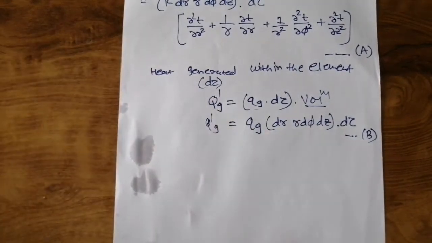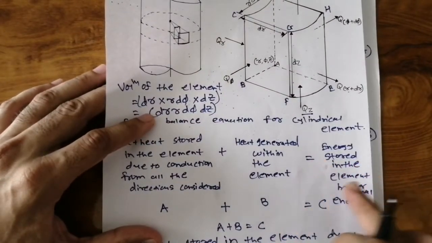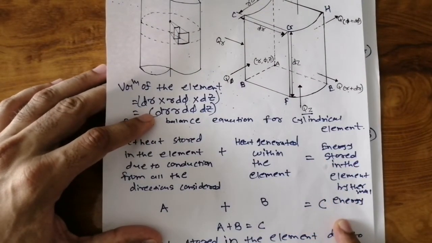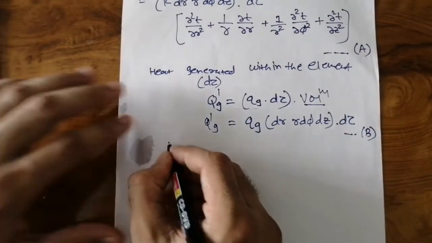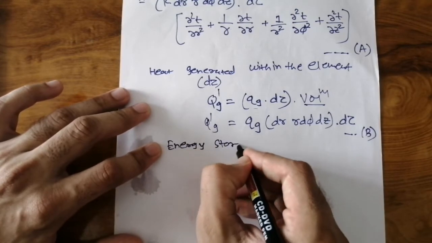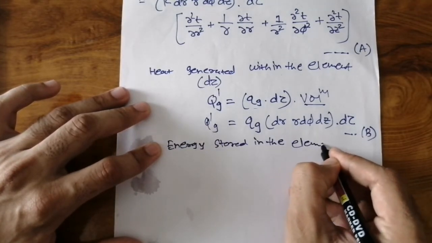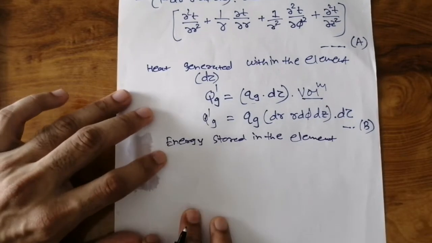Now last one is the C part. So what will be our C part? So C part is what? Energy stored in the element by thermal energy. So we are just considering energy stored in the element by thermal energy. So how should it be considered?